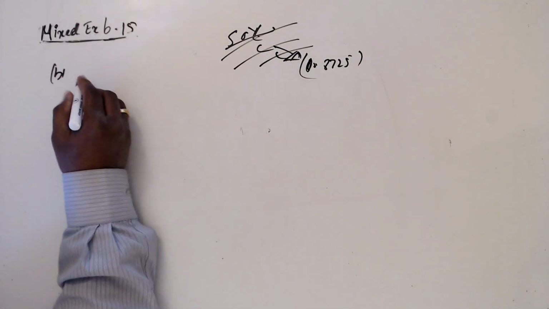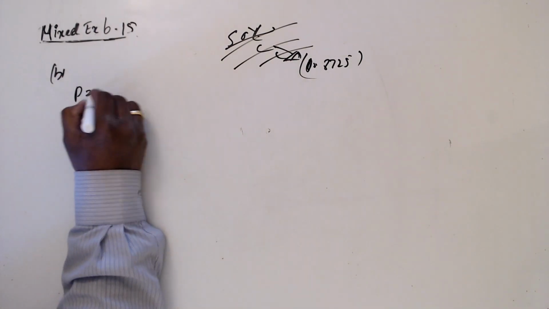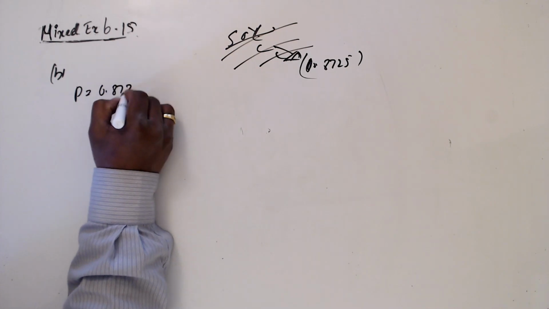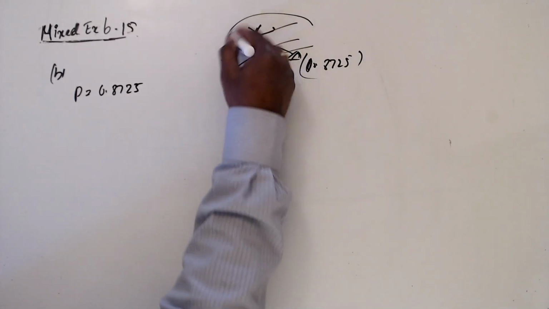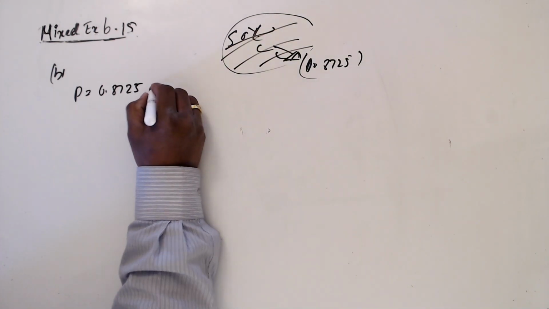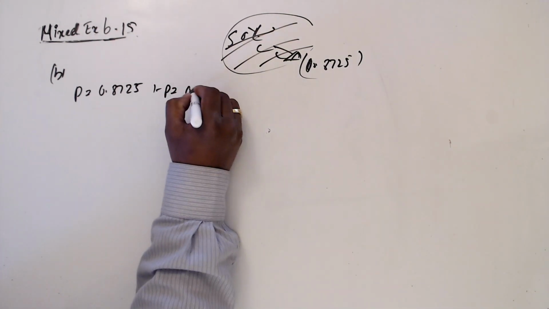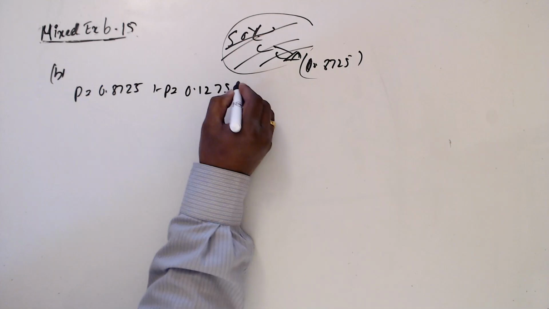So now the probability is 0.8725, and this is just a success. So 1 minus p is going to be 0.1275.